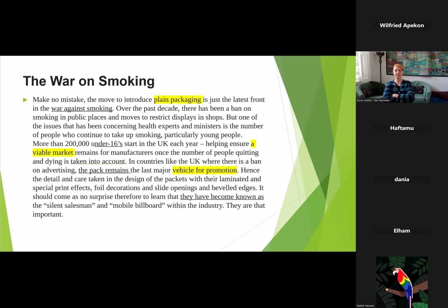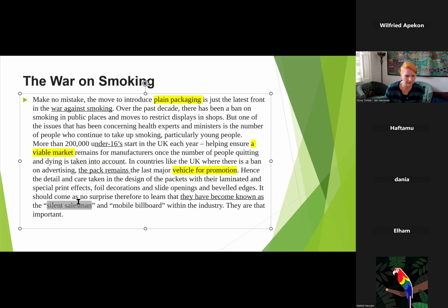There are two correct answers for the last one. So this is one of those questions where there are two possible correct answers.